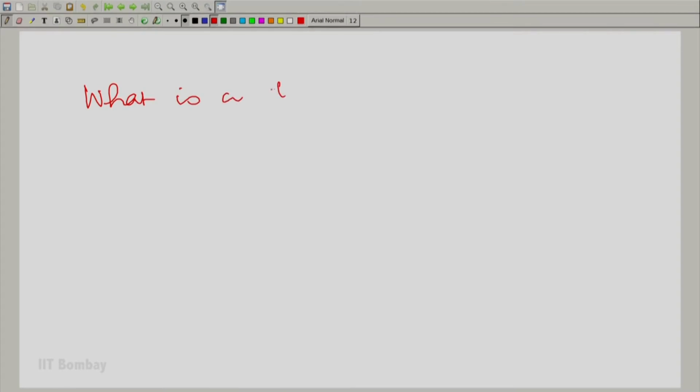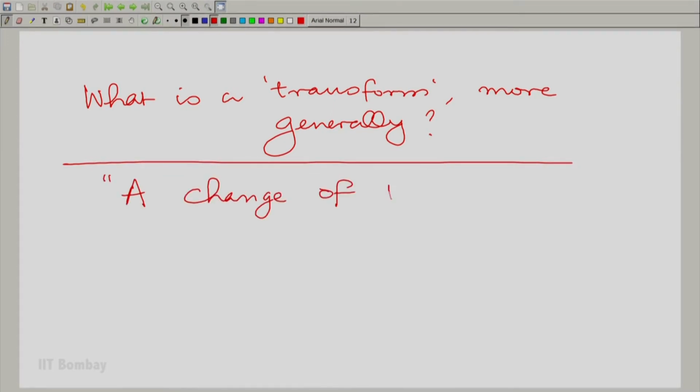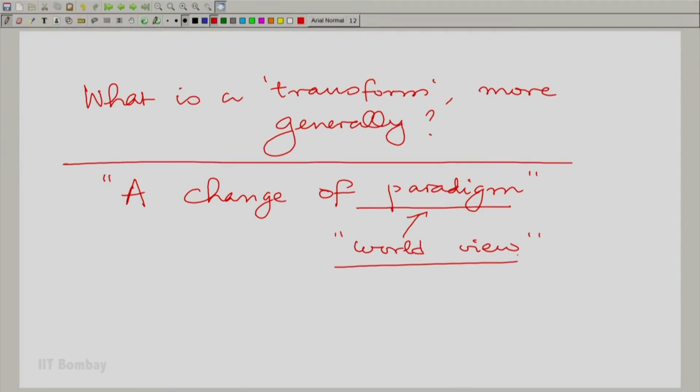What is a transform more generally? A transform is a change of paradigm. Paradigm, by the way, means world view. And what do we mean by this change of world view, of change of paradigm?